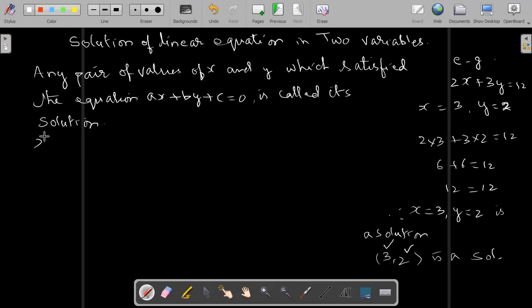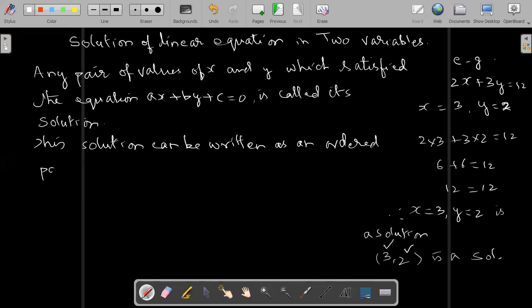And this solution can be written in this format as I told you. This solution can be written as an ordered pair. Ordered pair means first is always x, second will be y. That is why this has the order.